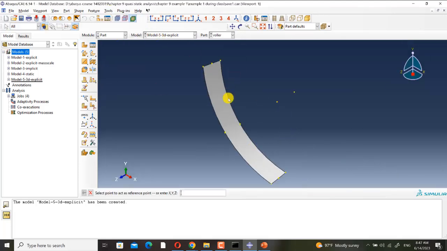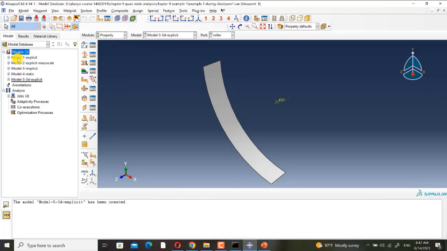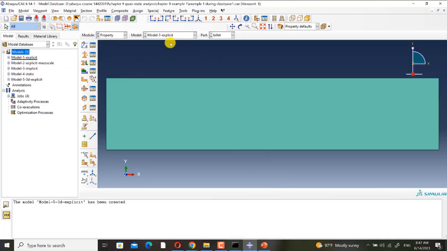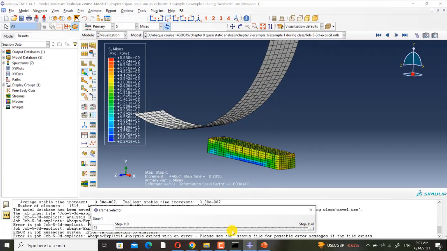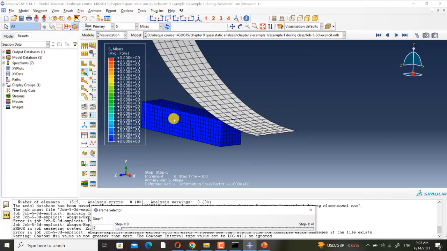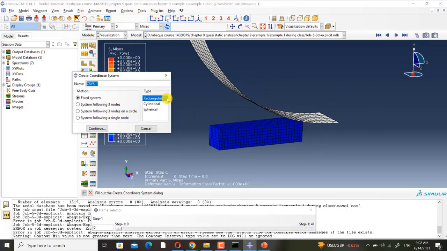And for the tools reference point, I can put it in both of them, for example, here. I go to property. I want to use the material property of the previous models, so I go to material library. I must create a coordinate system myself, no problem. I create a rectangular coordinate system.